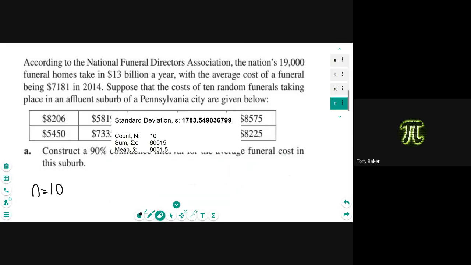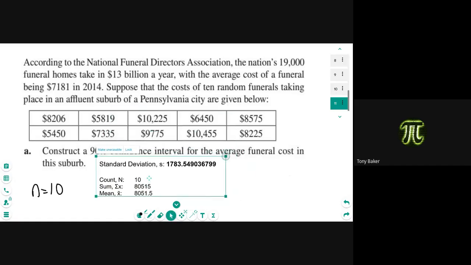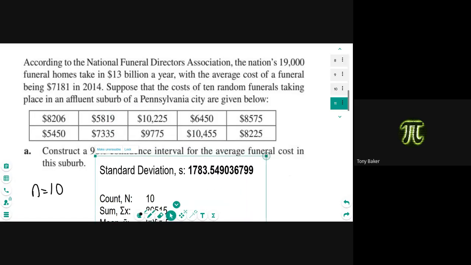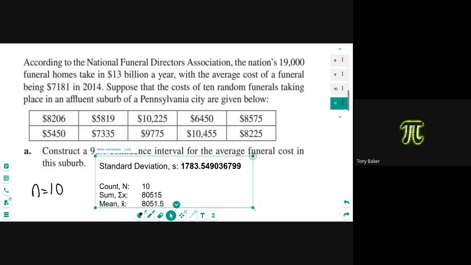Oh yeah, it actually shows you the whole process. All right. So we've got that. We don't need the sum.